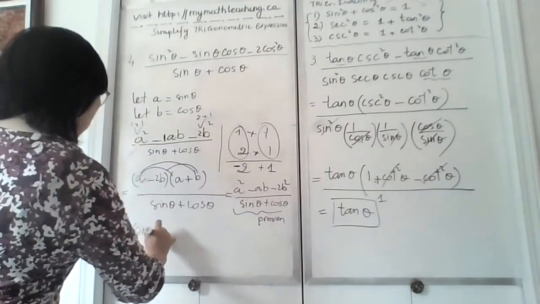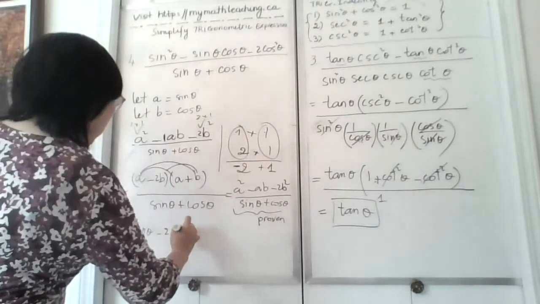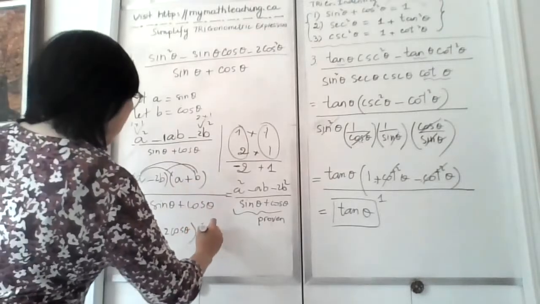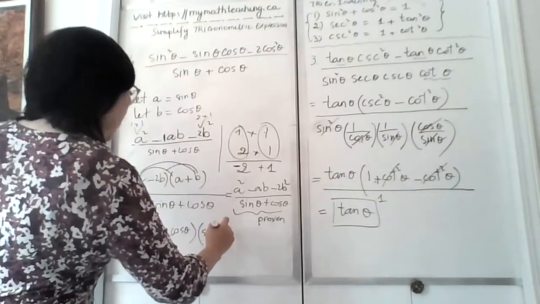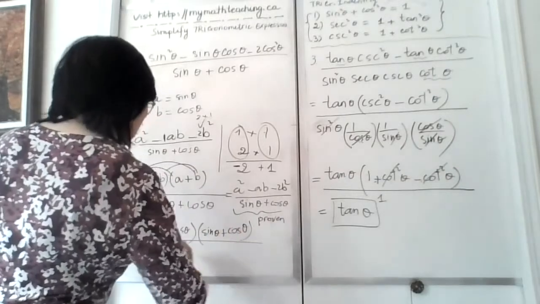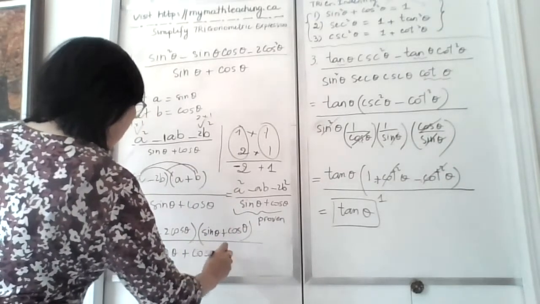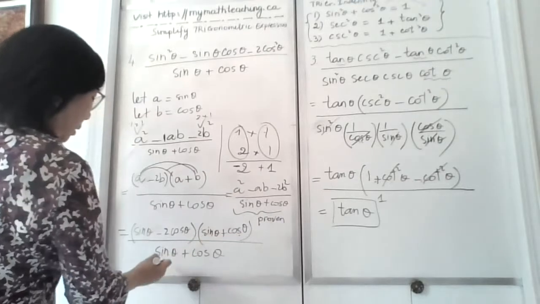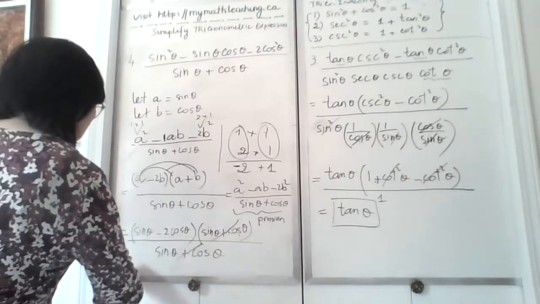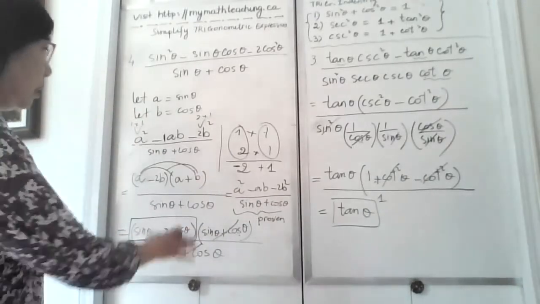A is sine theta minus 2B, which is cos theta, times A, sine theta, plus B, cos theta. And down here we have sine theta plus cos theta. So look at this bracket and this bracket, we can cancel them. And our answer is just sine theta minus 2 cos theta.